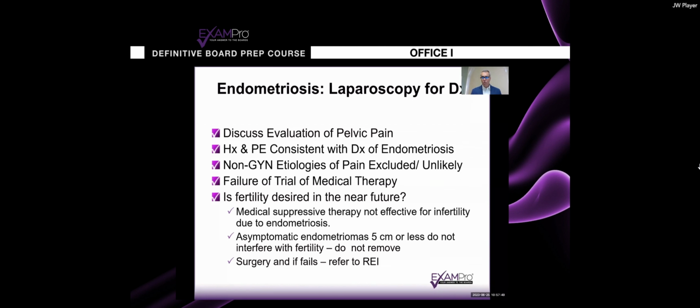Because when you look at this, small endometriomas that are asymptomatic, they're not proven to interfere with fertility, and surgery to remove them can remove some of the normal ovarian tissue, and that can cause a reduction in ovarian reserve just by the fact that you did that surgical removal of some normal ovarian tissue. So again, with endometriomas, there are some things to think about as to whether or not they are a justification for taking a patient to surgery.